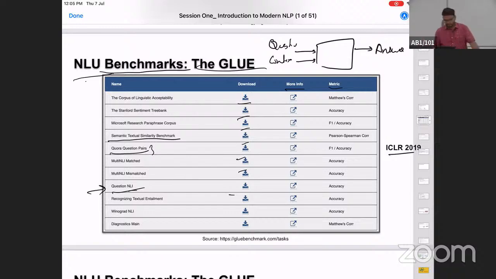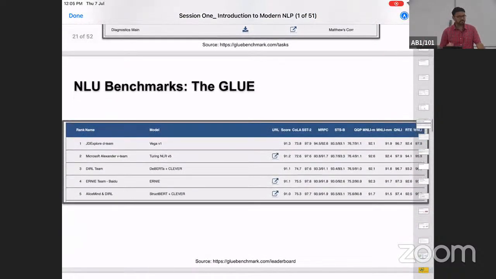The answer to the first question is here in this slide, the second slide that I was going to talk about. Whenever you develop a new system, you download their data set. The data set is split into train, test, and validation, and so on. You submit your results for the test one.